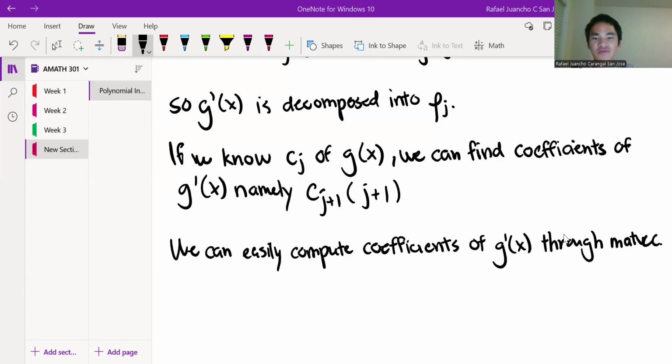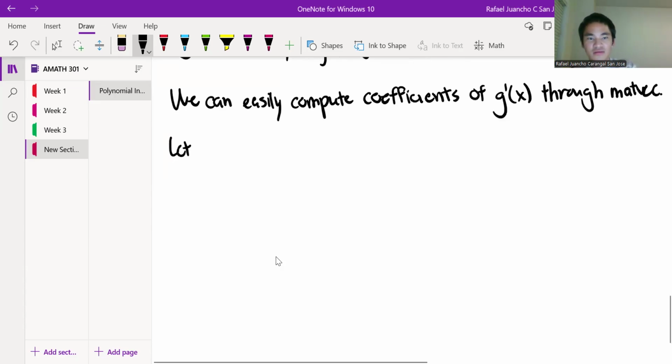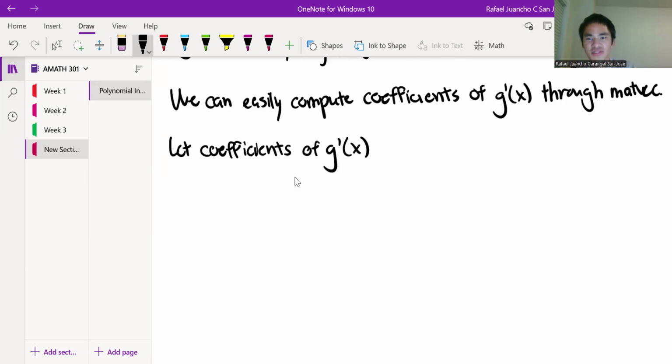And so we're going to let the coefficients of g prime of x be denoted by, let's do d. Why not? Right? So we're going to set that to be denoted by that d symbol.